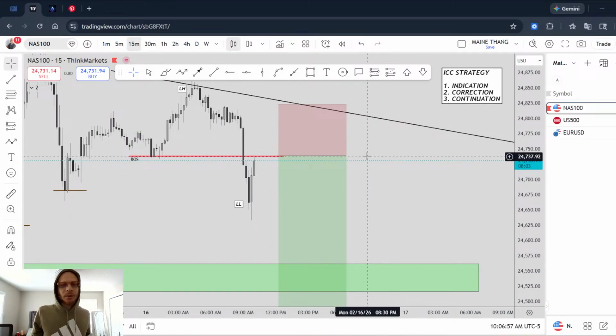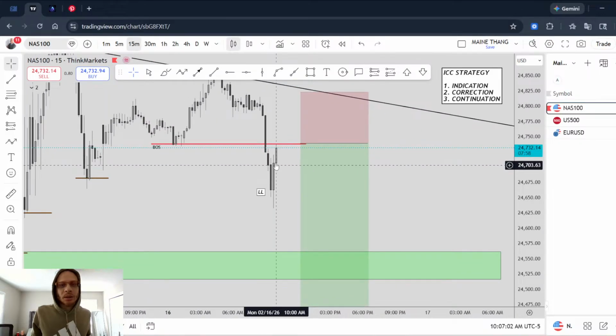About 8 more minutes on this candle, to see how deep it wants to dig.